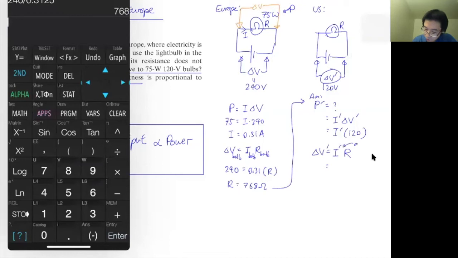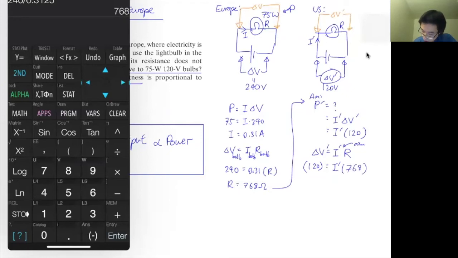All right, what is the potential difference across this? Well, it's across the bulb, it's the same as this, if you're just plugging one thing into the wall. So you have 120 on this side, and you have I prime, the new current that goes through this bulb, and the resistance does not change because it's the same bulb, right? Remember 10 minutes ago, I mentioned the resistance is the property of the device, of the component.